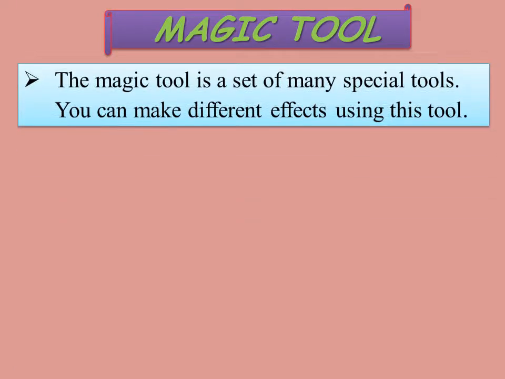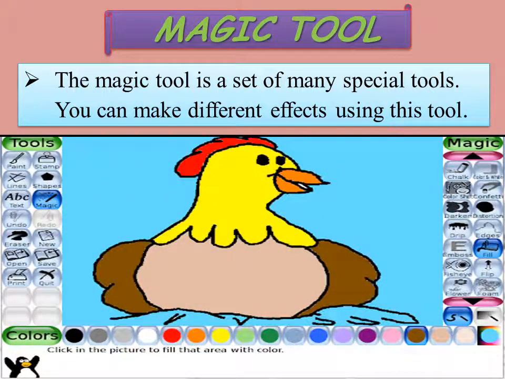Magic tool. The magic tool is a set of many special tools. You can make different effects using this tool. How to use magic tool on Tux Paint. Step 1.